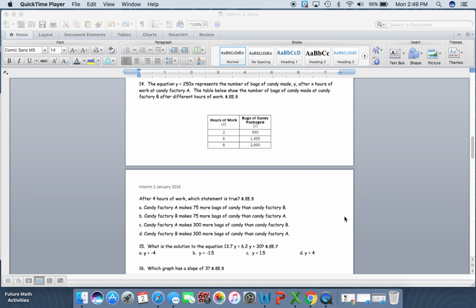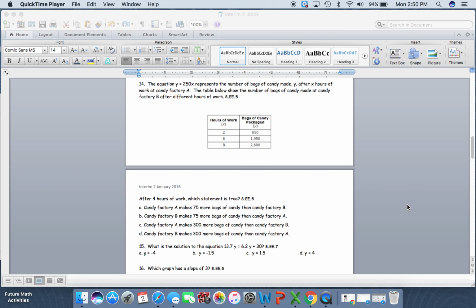Number 14. The equation y equals 250x represents the number of bags of candies y after x hours of work at candy factory A. The table below shows the number of bags of candy made at candy factory B after different hours of work. After 4 hours of work, which statement is true?